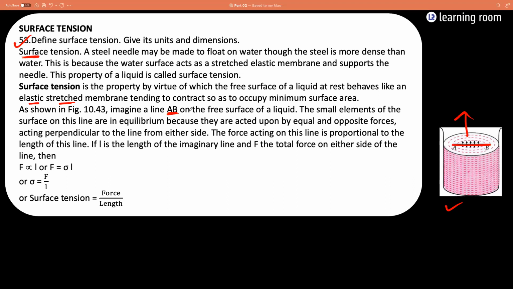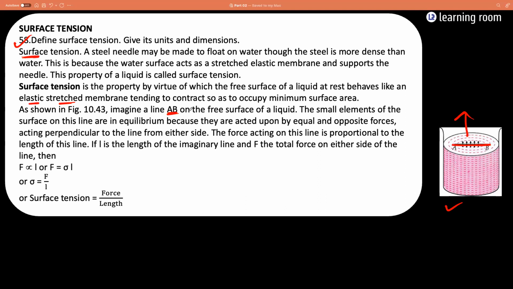What exactly happens is that when the liquid is getting bent, there will be a tangential force acting on the line AB, that is, a perpendicular force acting in either of the directions in such a way that they are balanced.